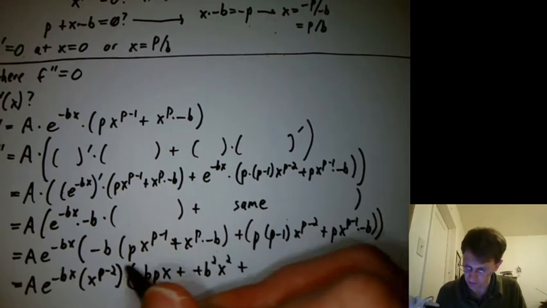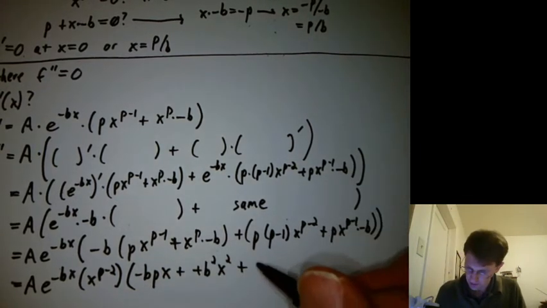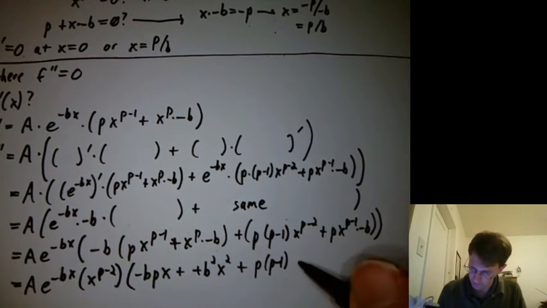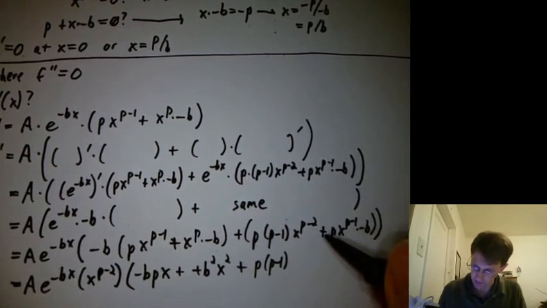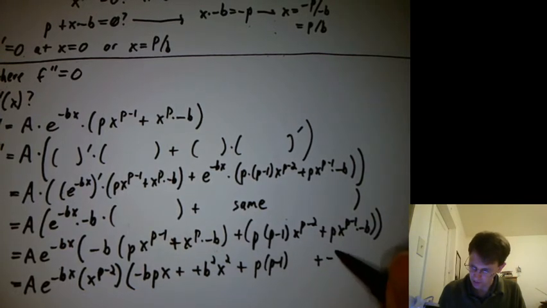So the x to the 2 times x to the p minus 2 will give us x to the p. And then we've got p minus 1, and then we factored out that x to the p minus 2, plus negative bp x.